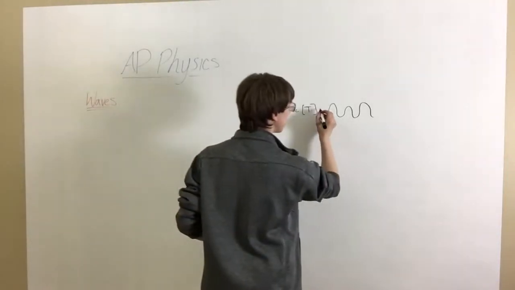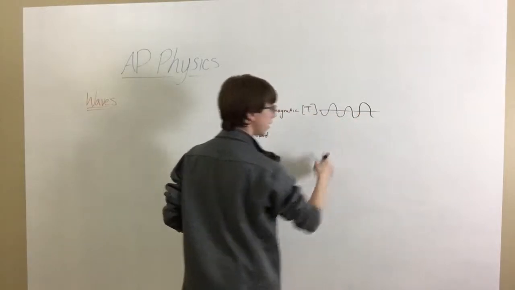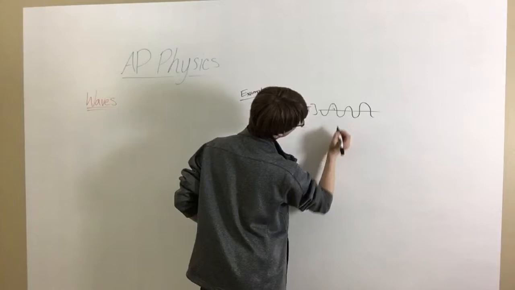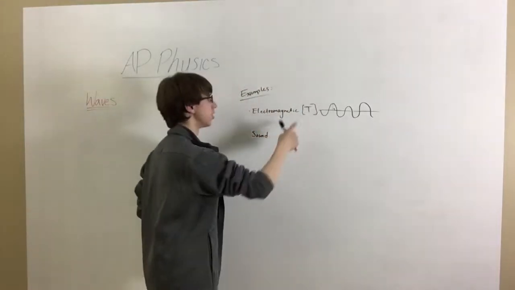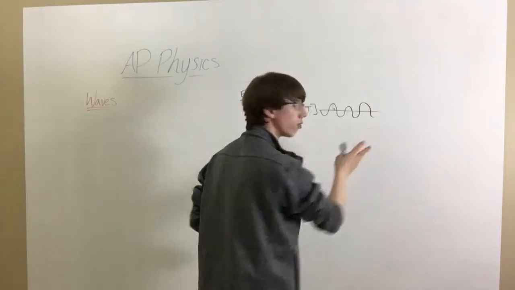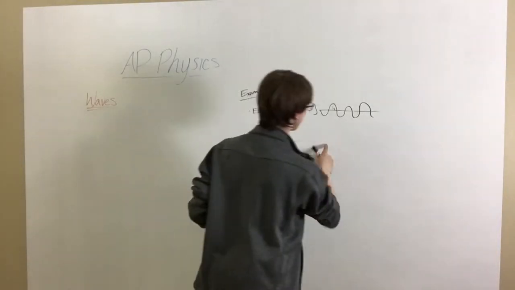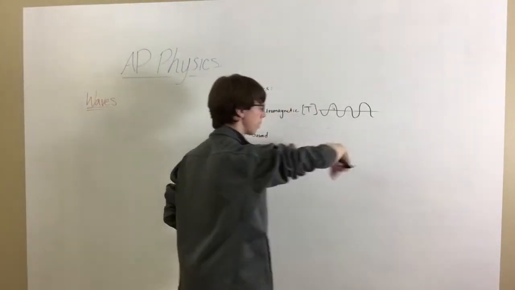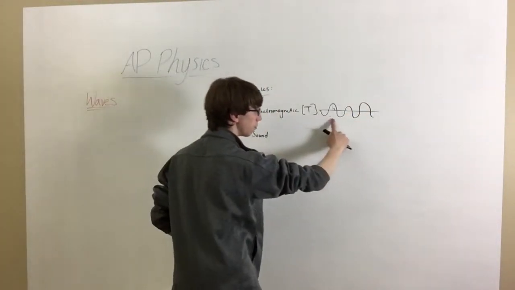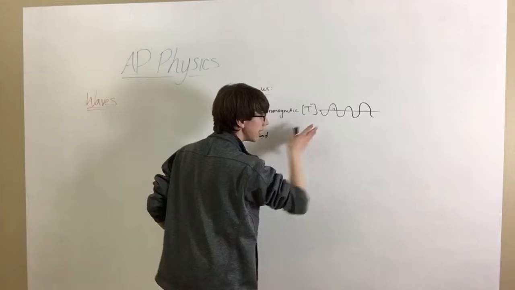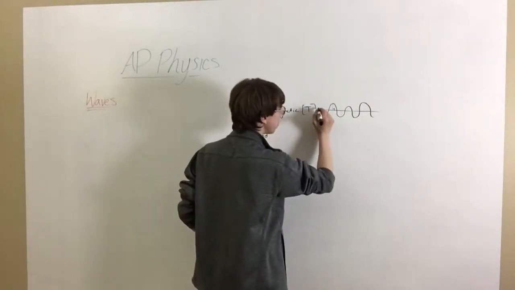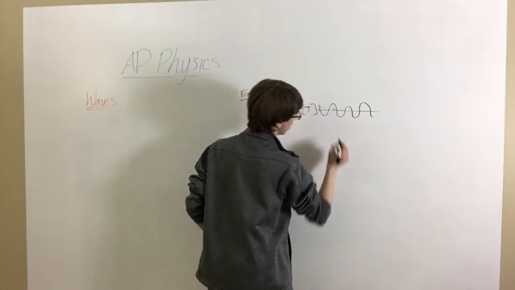The wave travels at a 90-degree angle from the propagation or from the source. So you have this vibration that is at this 90-degree angle from this line, which we'll say is the horizontal line that comes from some source.